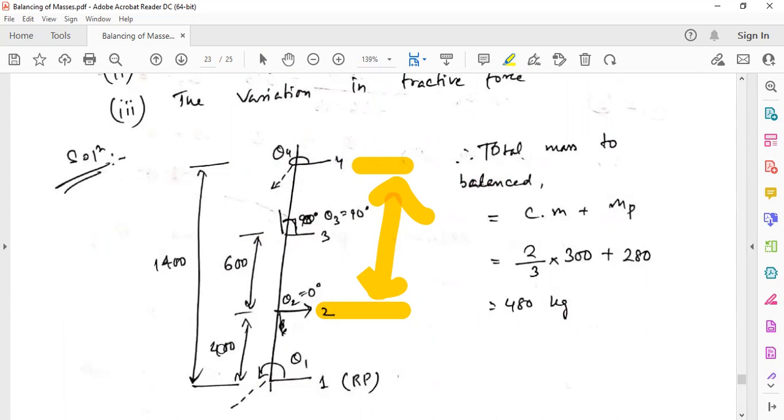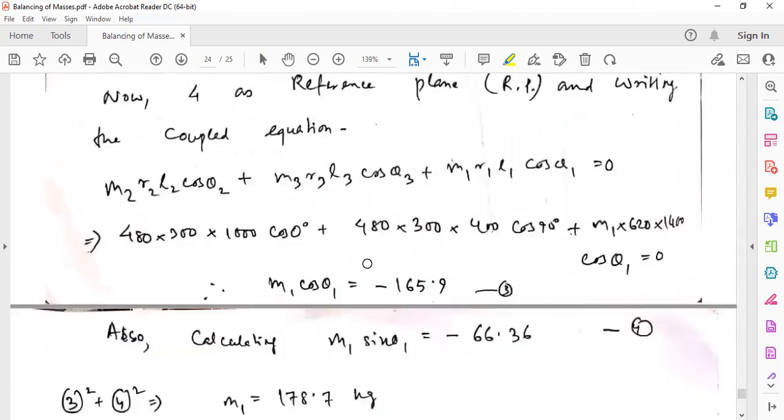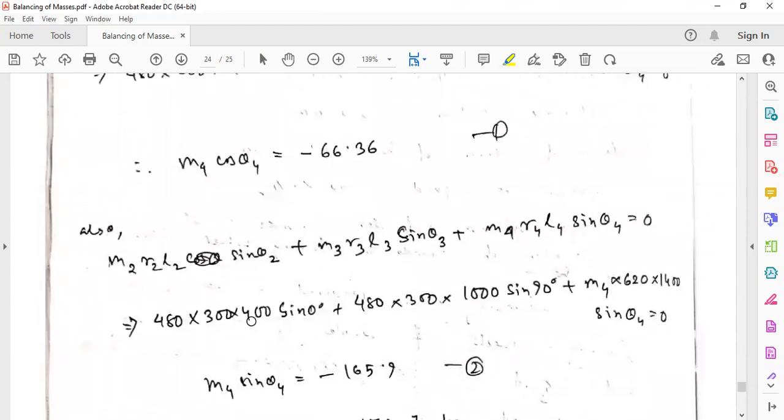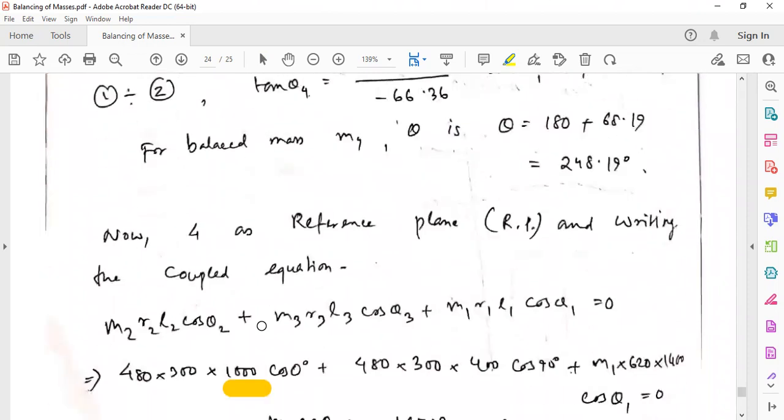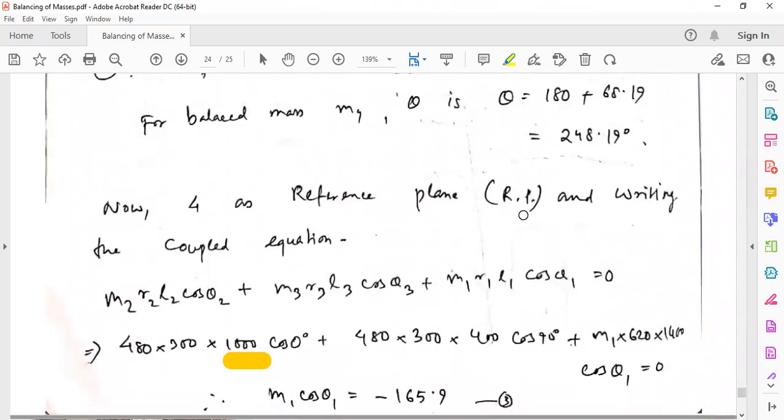That will be 1000, right? So this gap is 400. So the total distance between 2 and 4 is 600 plus 400, that is 1000. So here you can see this is 1000. See, previously it was 400. Now it is 1000 because we have changed the reference plane.